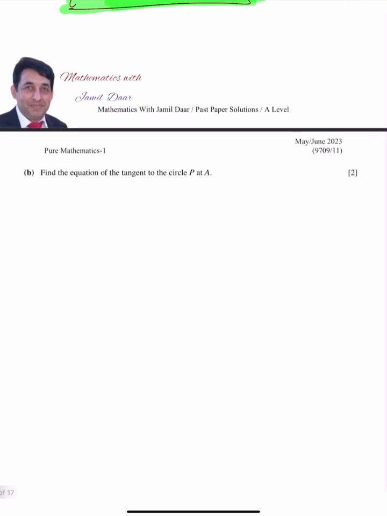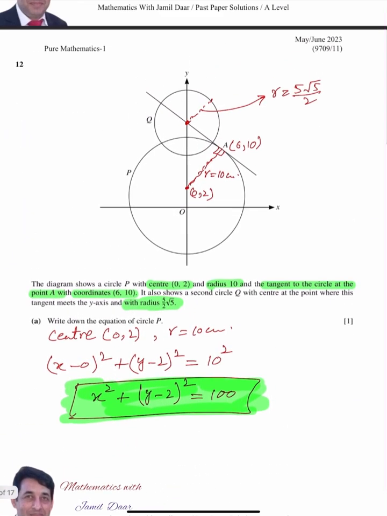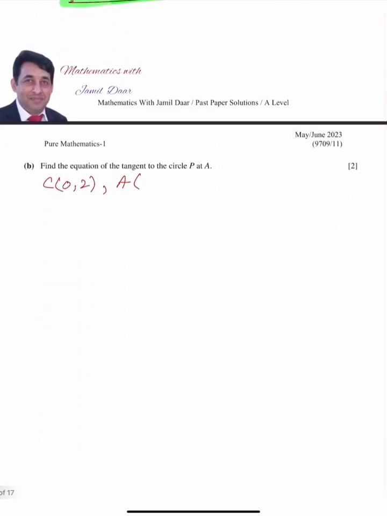Next, part B: find the equation of the tangent to the circle P at A. We have to find the equation of this tangent at A. As the tangent is perpendicular to the radius, the gradient of the tangent is the negative reciprocal of the gradient of the radius. The center is 0, 2 and point A is 6, 10.